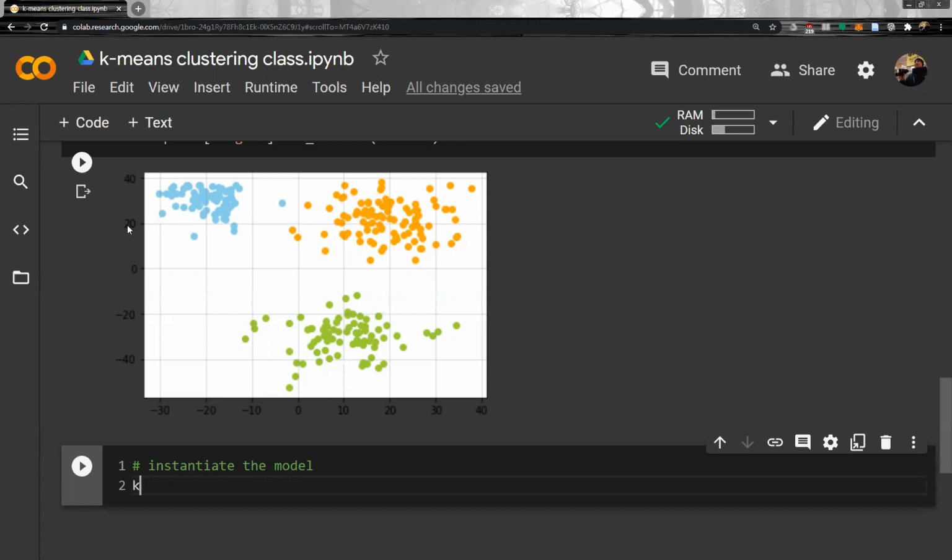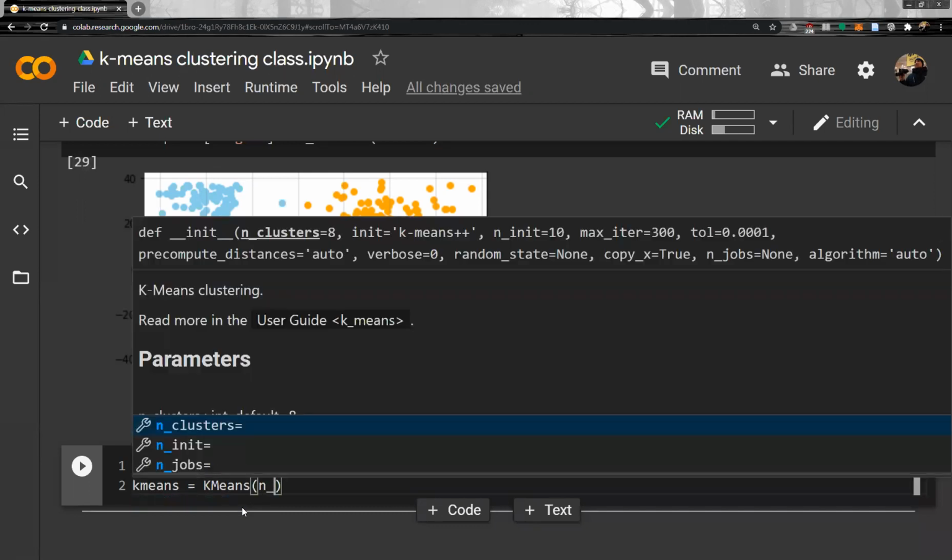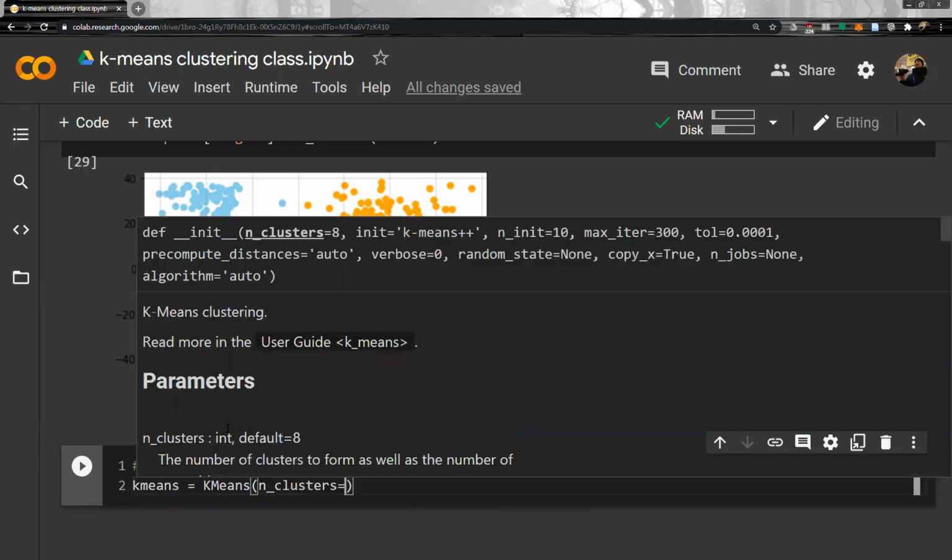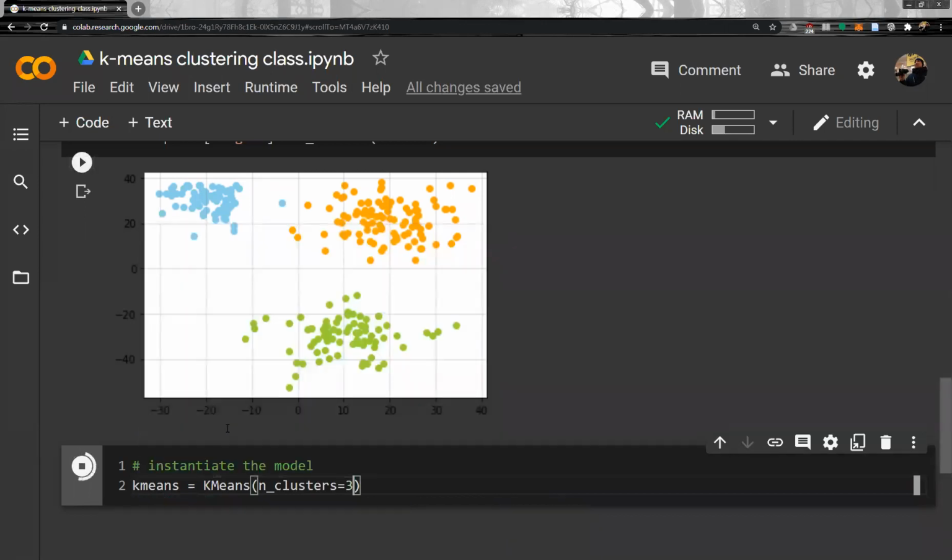So k-means, KMeans, and then n_clusters=3. Okay, we have 3 clusters, and then next we set up the model. So fit the model.